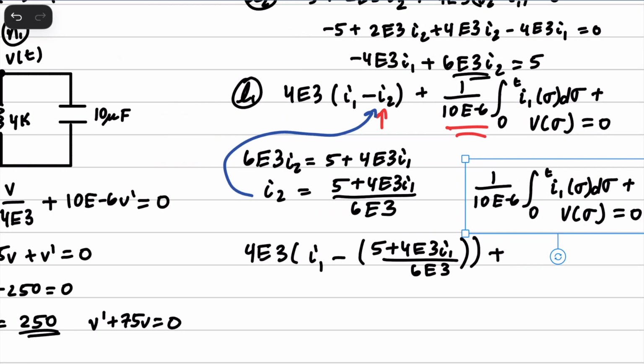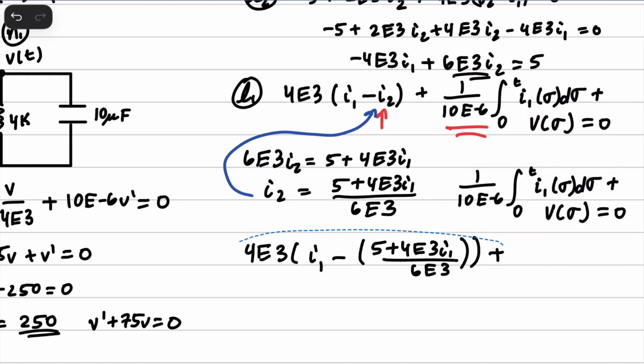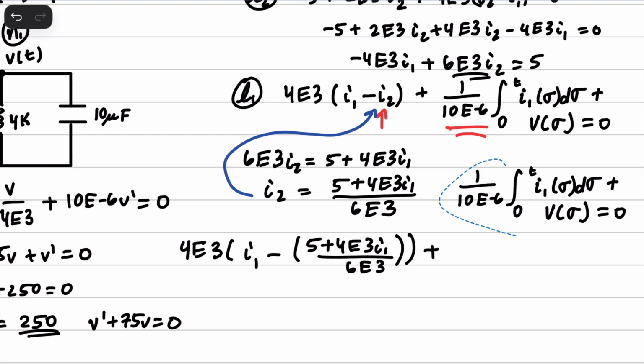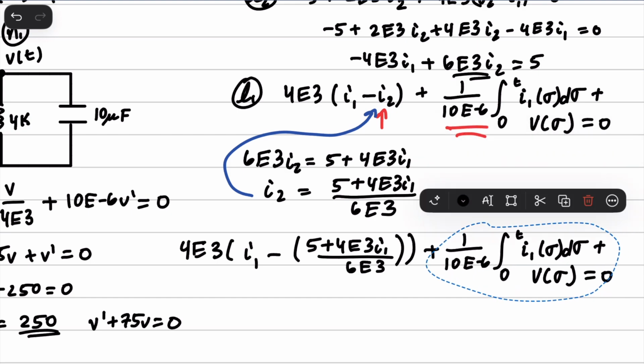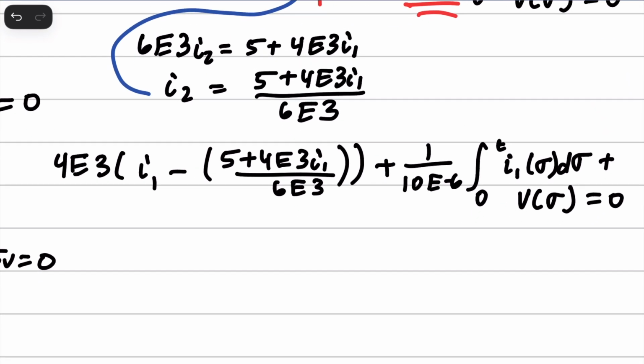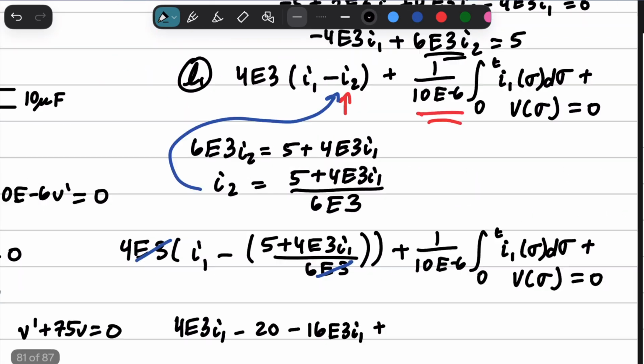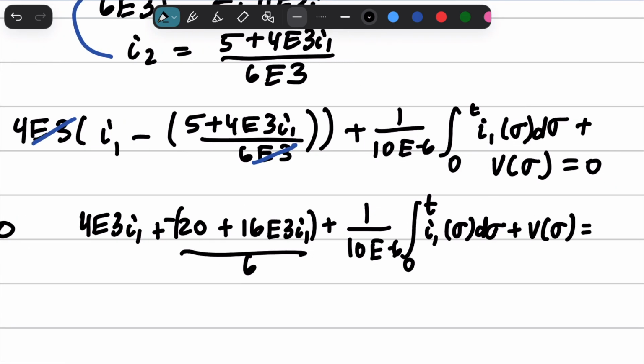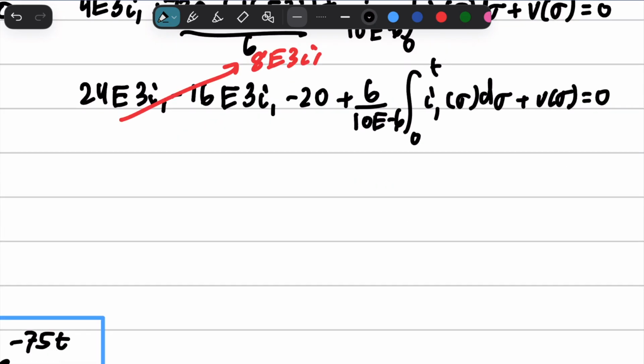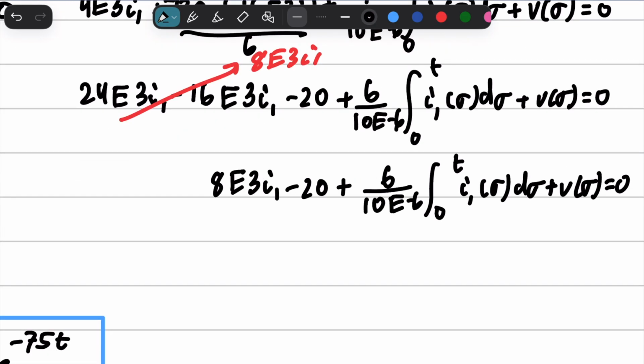I'm running out of room. Let's simplify this down. And we get 8e3 I1 minus 20 plus 6 over 10 to the negative 6 times the integral. Okay?